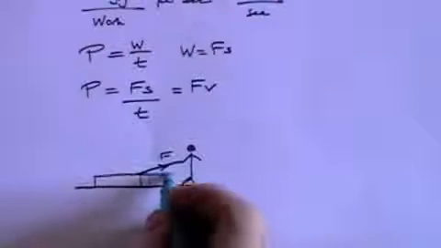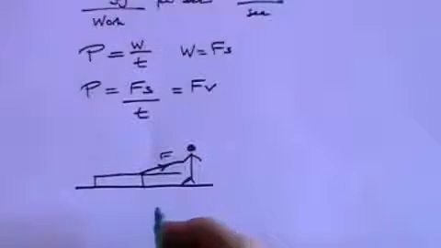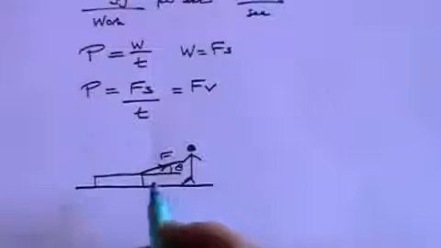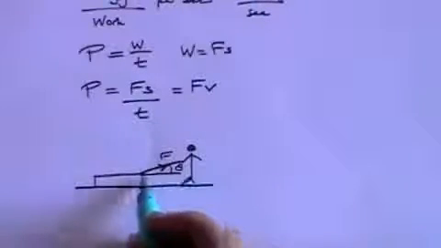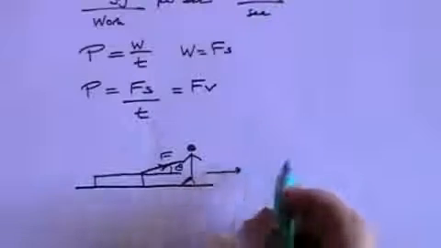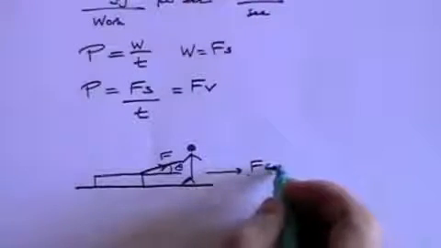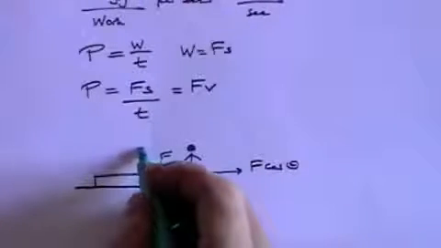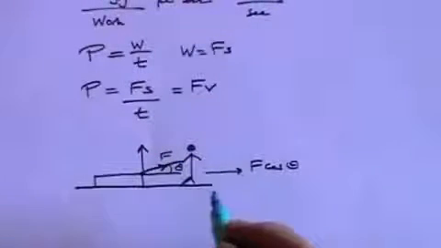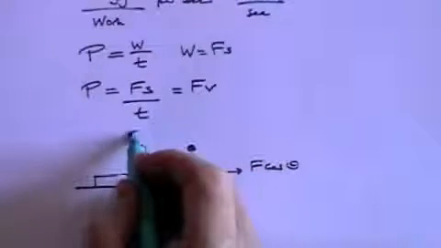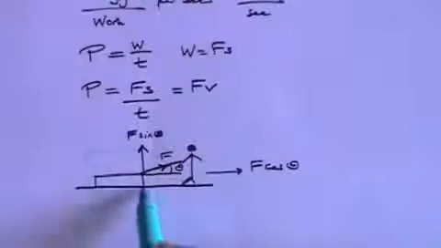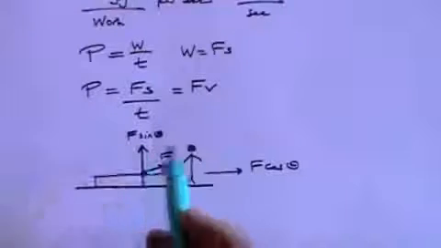Well, no, because that force is at an angle, and that angle is theta. And the actual component of the force that's moving in this direction is F cosine theta. There is also a force, or a component of a force, moving in that direction, which is F sine theta. And if it's too great, it will simply pull this up off the ground.